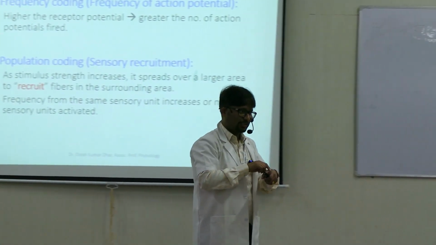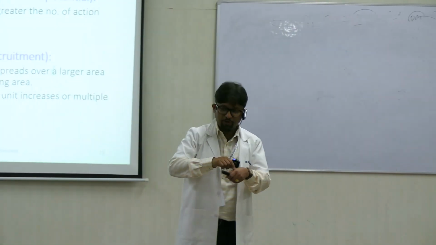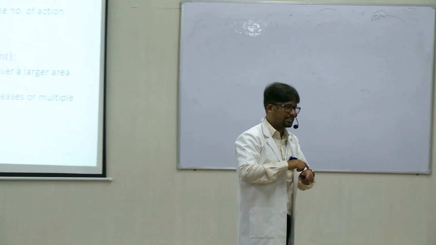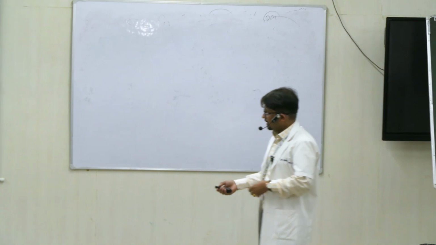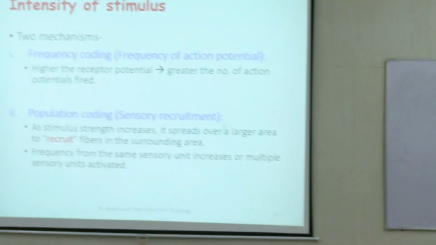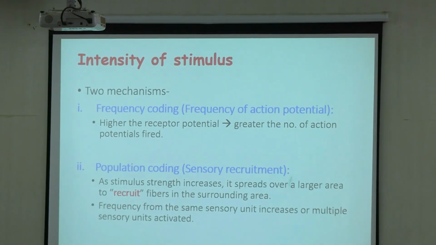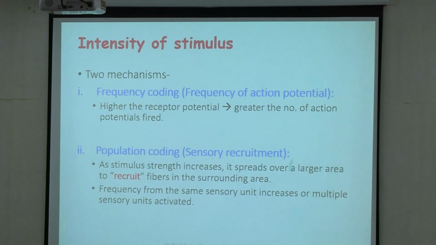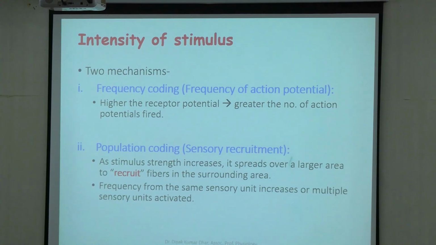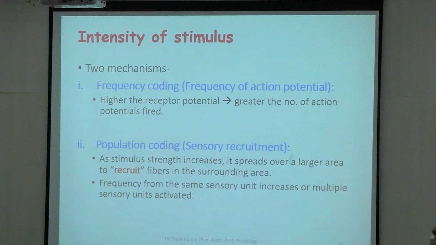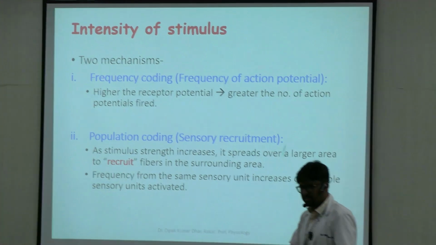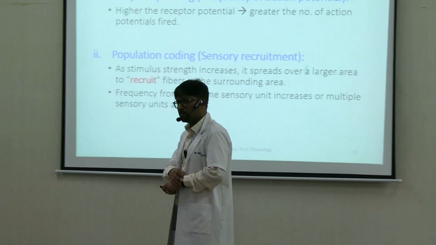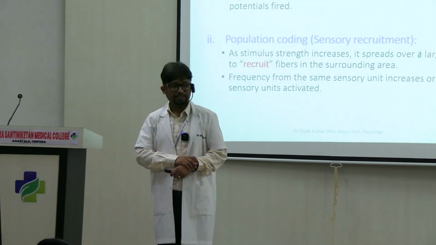But if it is a greater intensity, the deformation on the skin is over a larger area. So when a larger area gets involved in this whole process, it either recruits surrounding sensory units, or if it recruits more receptors in that same sensory unit, then also the number of action potentials will eventually increase.